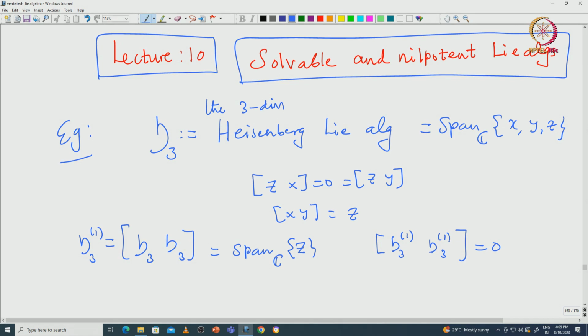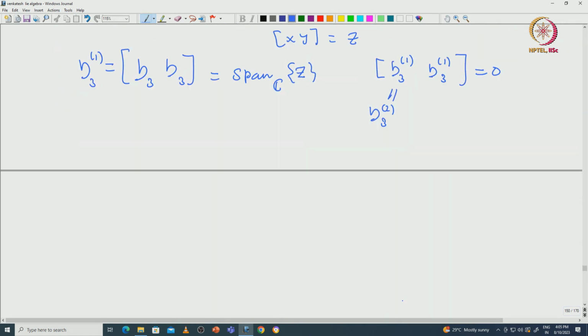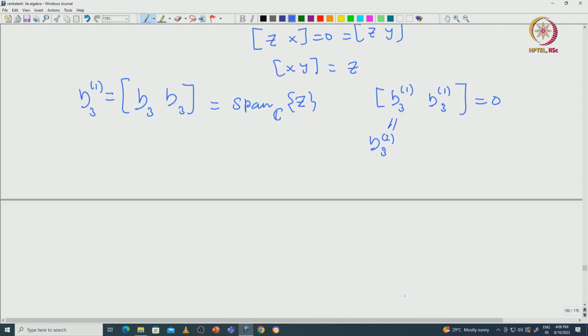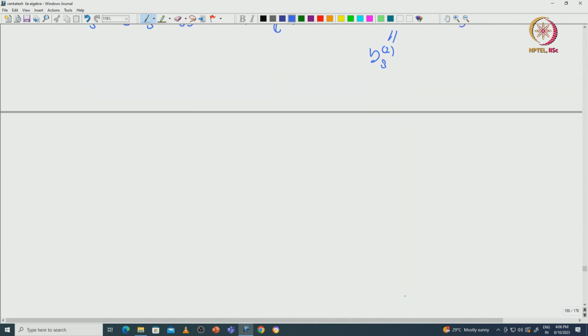When you take the derived algebra the second time, you already hit 0. This motivates us to define what is called a solvable Lie algebra. Let us look at the definition of solvable Lie algebras.